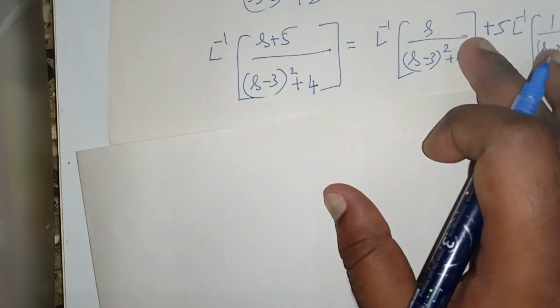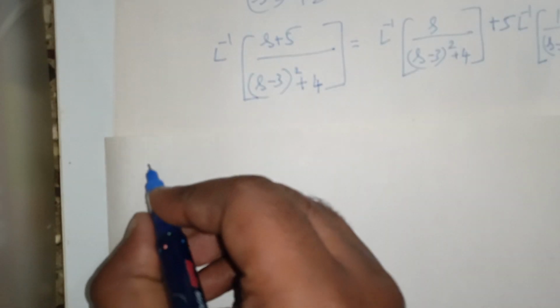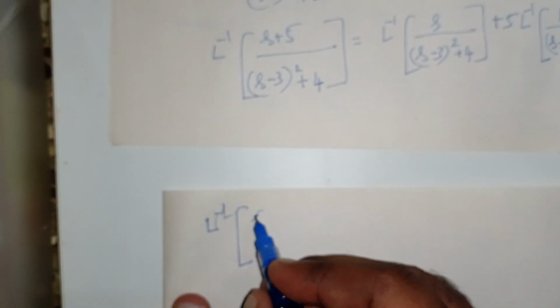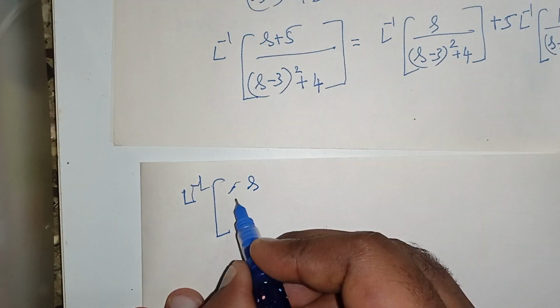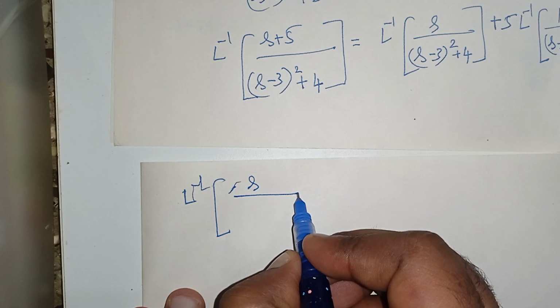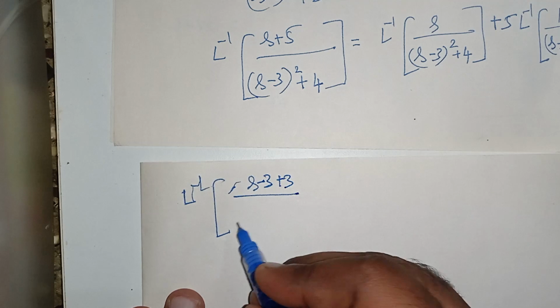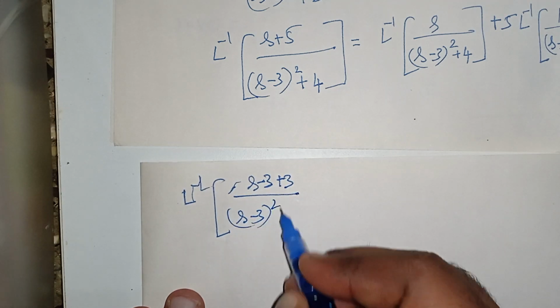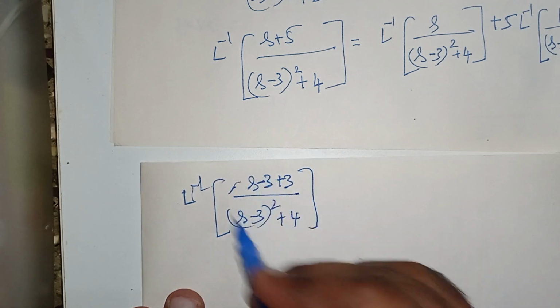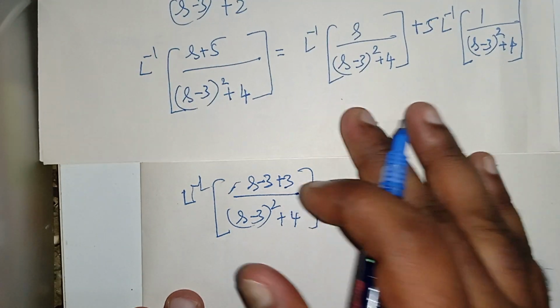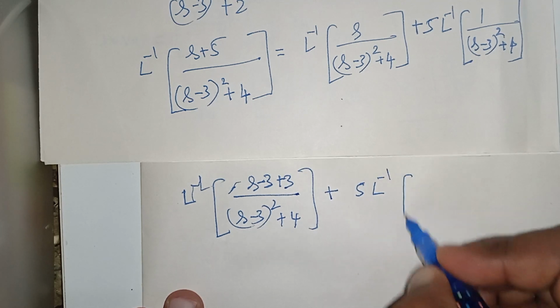So if you observe again, to find L inverse, the numerator should be the same s minus 3. So I will separate again L inverse of s divided by, I have separated, but I will add and subtract 3 because I have to get s minus 3 only to apply the standard LT, and the next term I will write as it is.